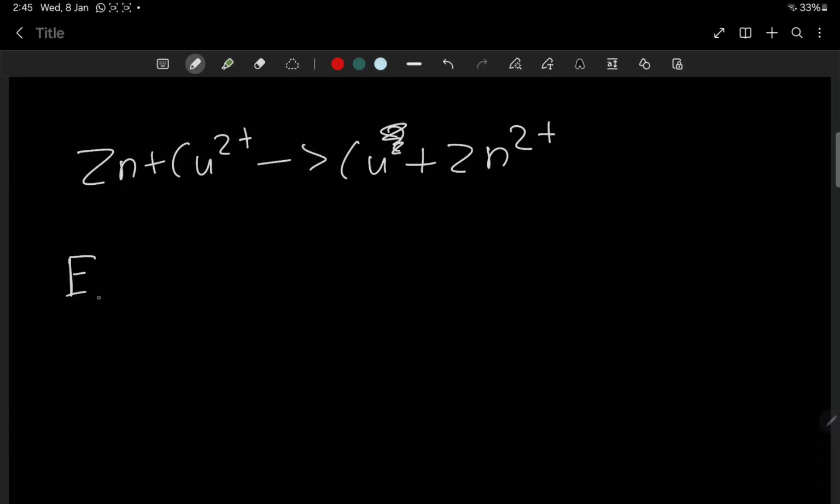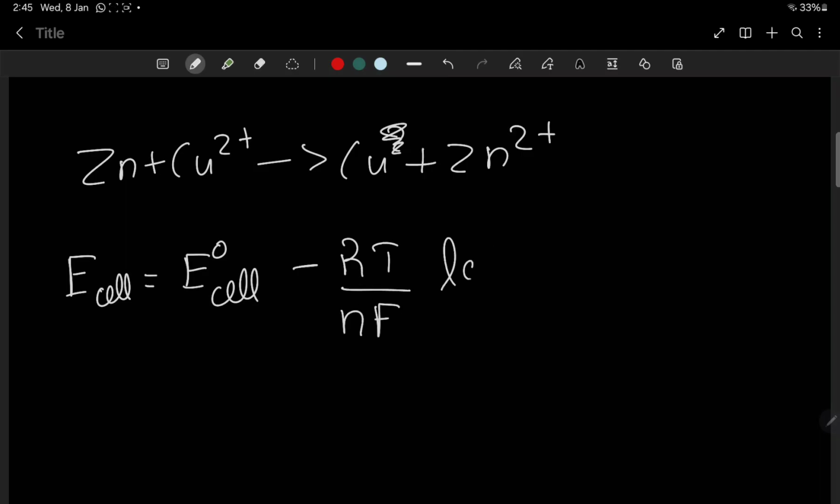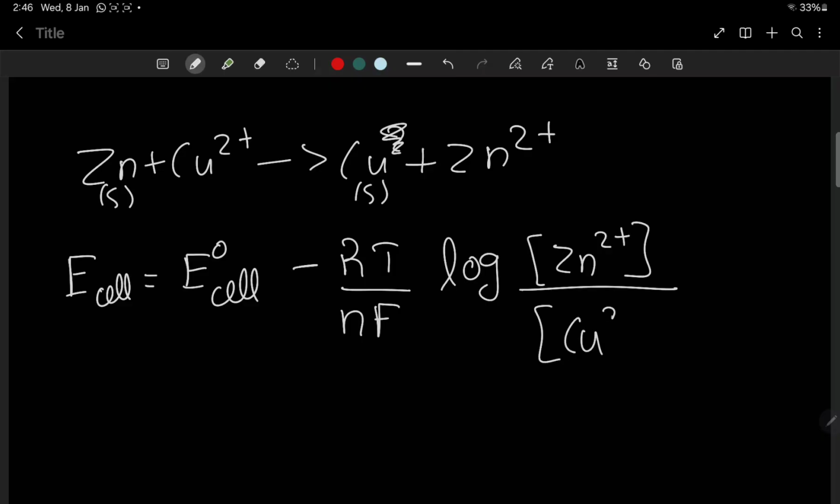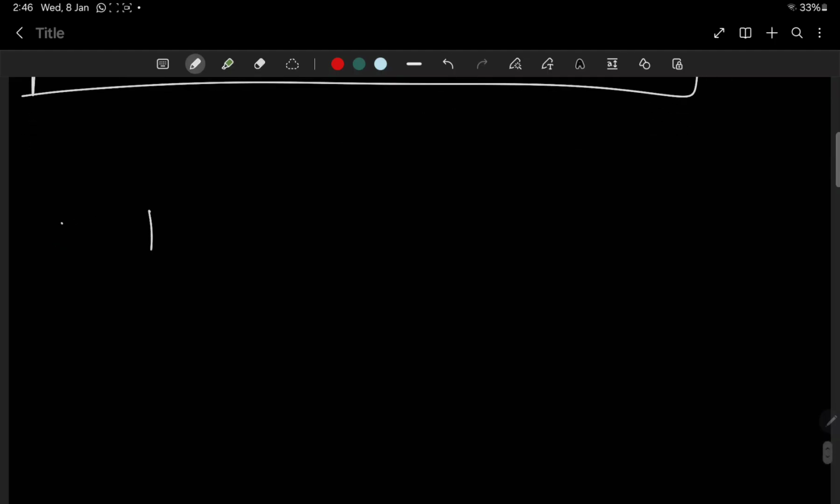At a specific temperature, E of cell is equal to E naught of the cell minus RT by nF log of the equilibrium constant expression. Zinc and copper are solids, so their concentration is taken as 1. So just the product, Zn2+, by the reactant, Cu2+. This is the Nernst equation. You substitute E naught cell, you get 1.1, and so on.